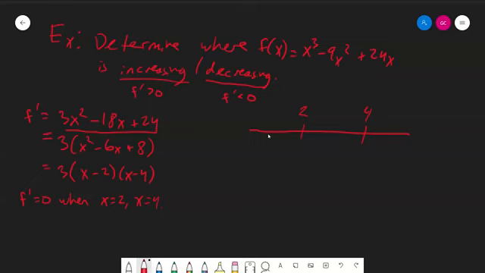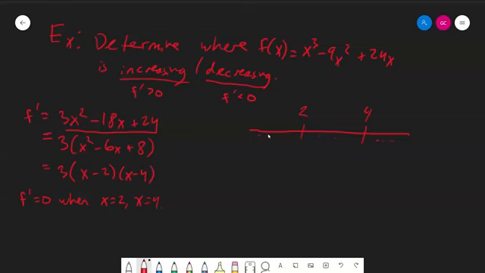What that means is that on each of these three ranges, to the left of 2, between 2 and 4, and to the right of 4, the derivative f prime is consistent. It is either always positive or always negative.